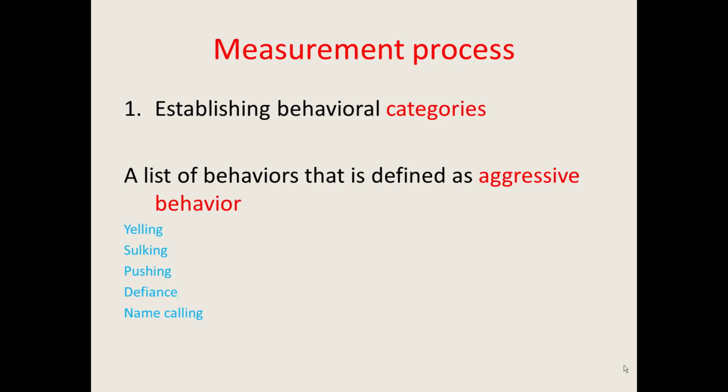For example, you're going to measure the number of yellings or sulkings or pushings. These are more concrete and more observable than something like aggressive behavior, which is a construct hard to measure.